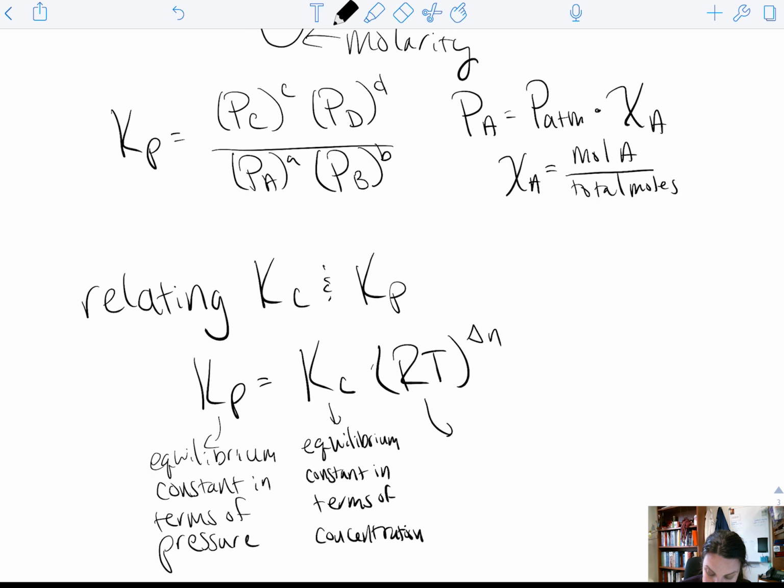Our R value is 0.08206 liters atmospheres over moles Kelvin.